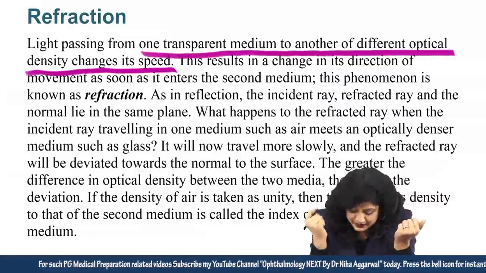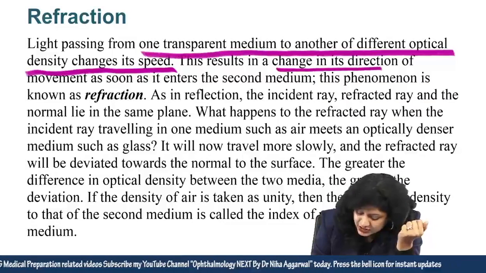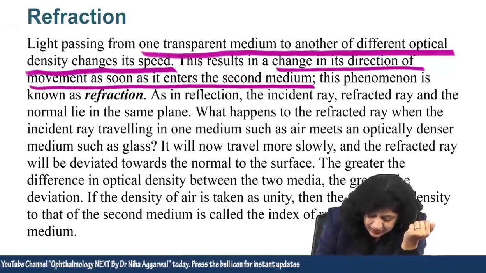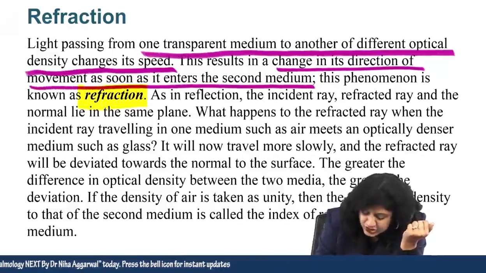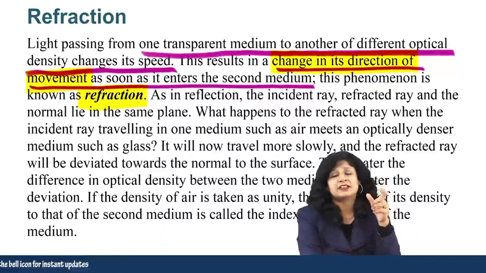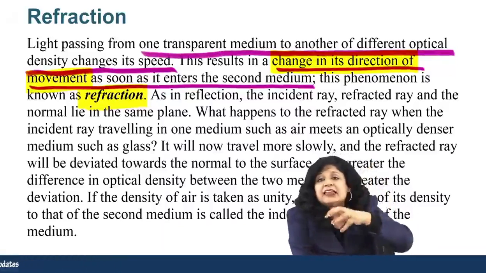So this results in a change in its direction of movement as soon as it enters the second medium, and this is called refraction. Refraction is the change in the direction of the movement when the ray is passing from one medium to another and it is changing its direction.